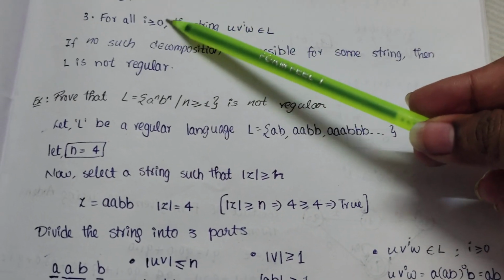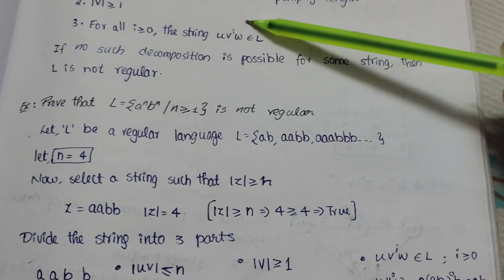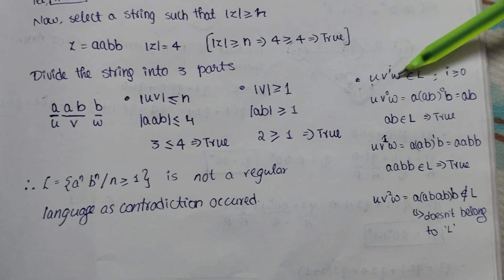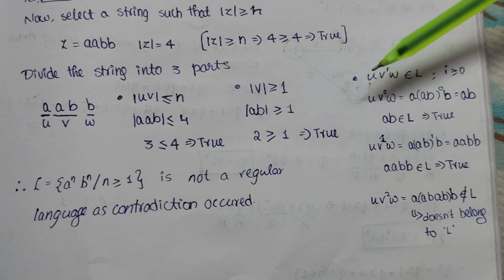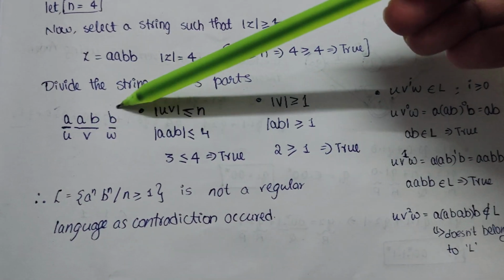Now let us check the third condition, that is, for all i greater than or equal to 0, uv^i w belongs to L. Let us take i value as 0. So what will we be getting? a, (bb)^0, b.